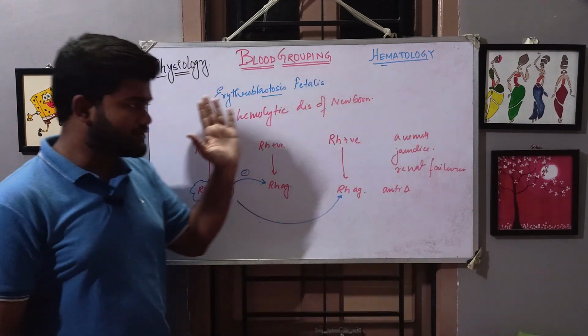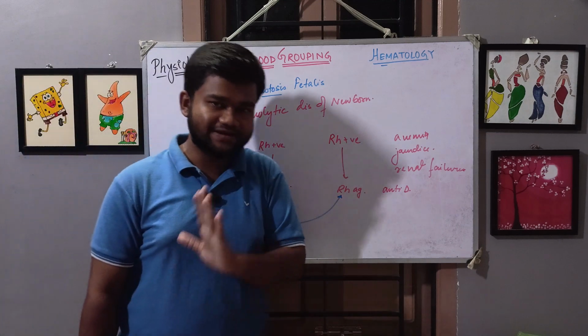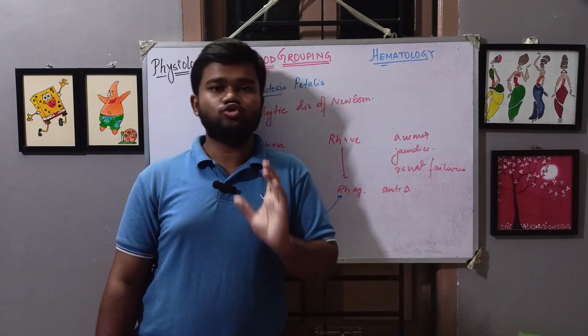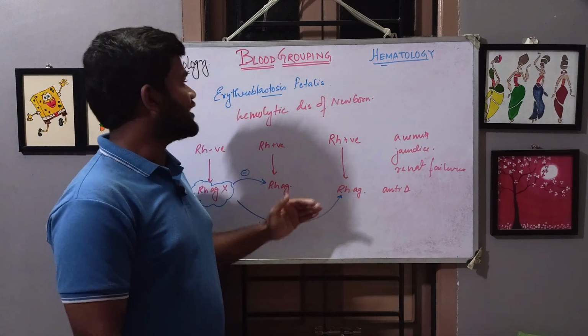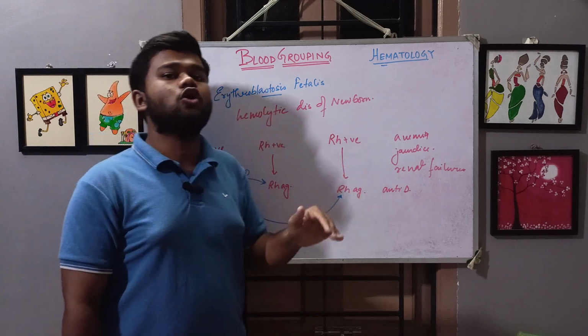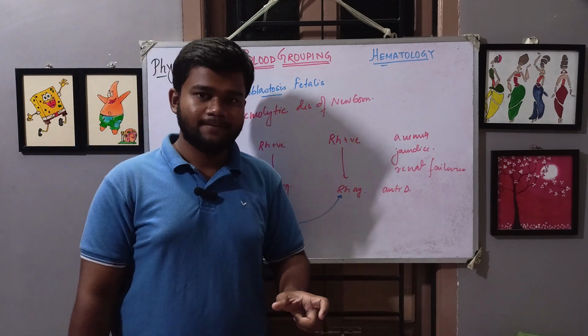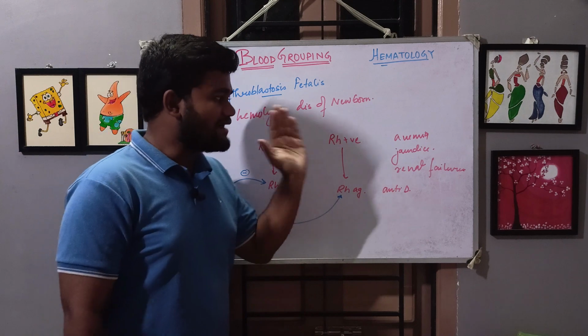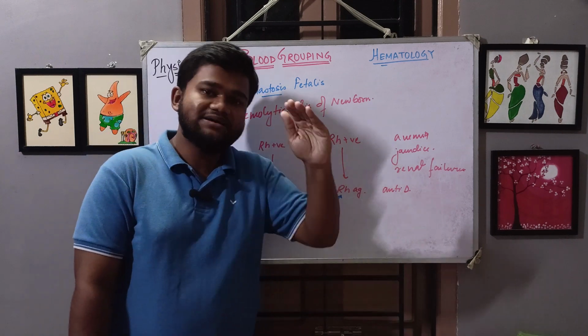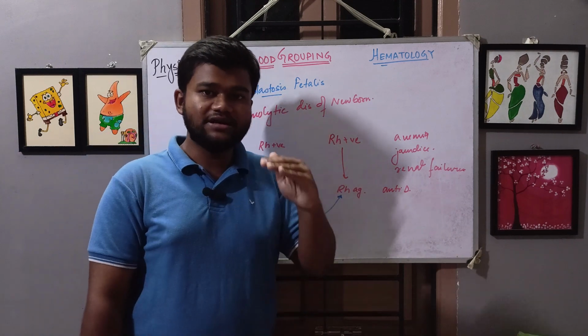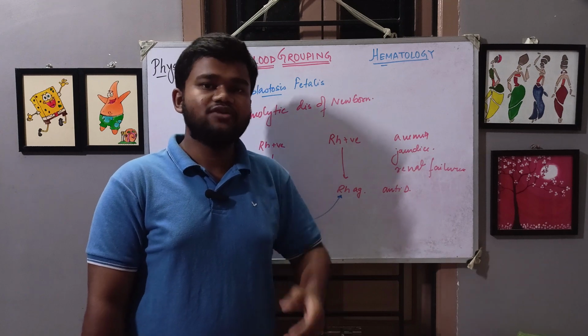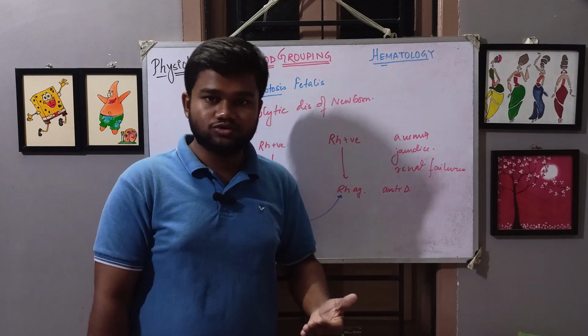When we have understood this process of erythroblastosis fetalis, let us think about something. Why is this known as erythroblastosis and not erythrocytosis? If the antigen antibody reaction is taking place, blood cells should come down, right? Blood cells should get destroyed. Then it should be termed as erythrocytosis.